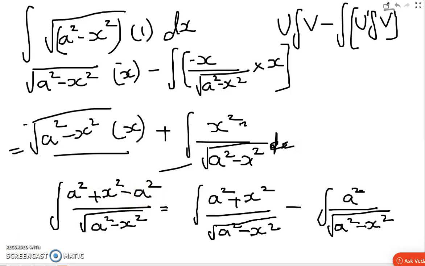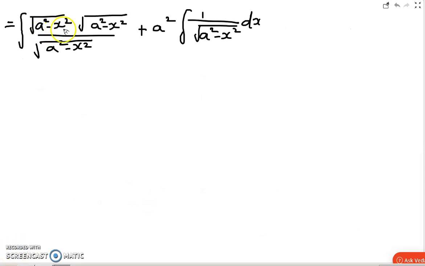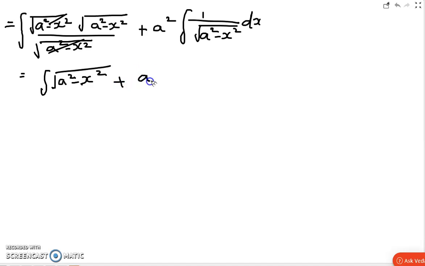Now root of a square minus x square and root of a square minus x square get cancelled. We'll get root of a square minus x square, and this a square times 1 by root of a square minus x square. What is the formula? The formula is sine inverse of x by a, plus c.